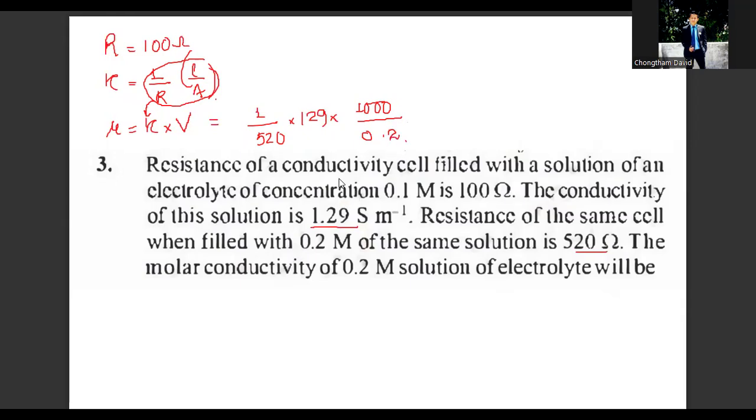So 1 by resistance into cell constant is your kappa, conductivity. So resistance is 520, into the cell constant given to you here, 1.29, multiplied with the volume, that is 1000 divided by 0.2. Now, if you calculate, you need to do one conversion here, because you need to convert this to meter cube, 10 to the power minus 6 meter cube. So the answer would be approximately 12.4 into 10 to the power minus 4 Siemens meter square mole inverse.